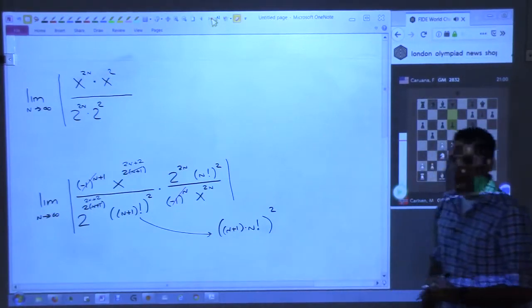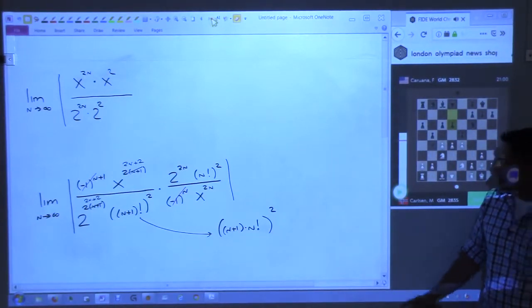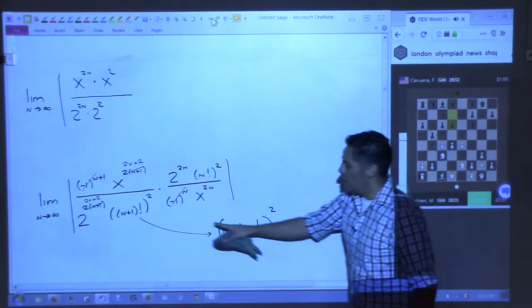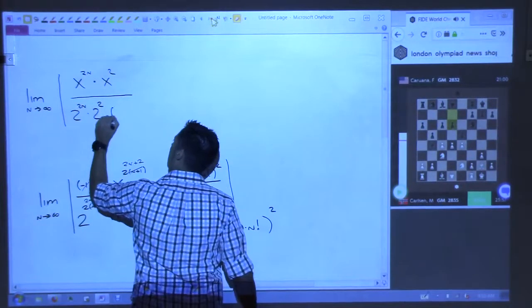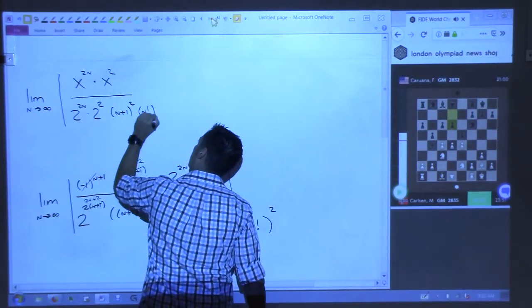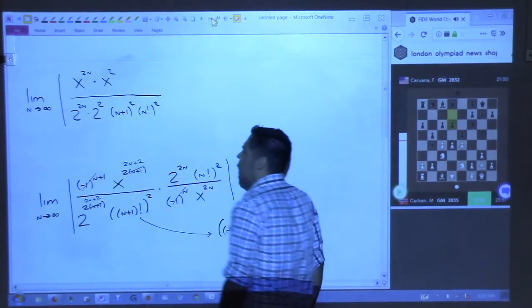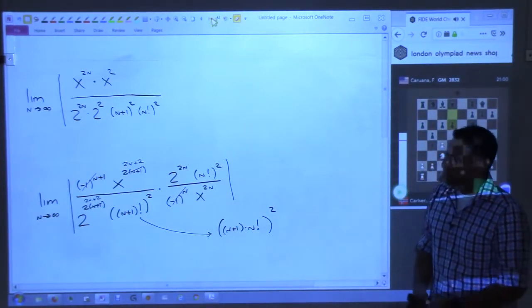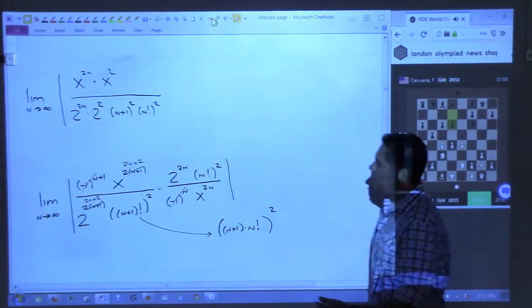That was that property we used where we peeled off that first piece. And now if I square it, I can square each one. So this becomes n plus 1 squared n factorial squared. Does that make sense? Sure? We're good? Okay, I think that's it for cleaning that up.